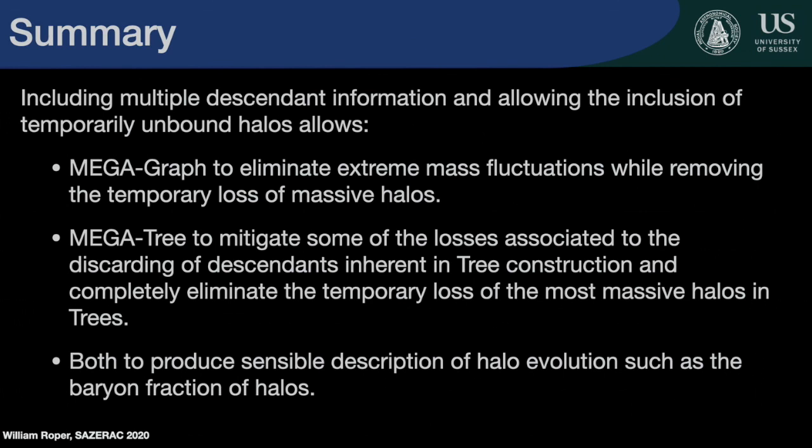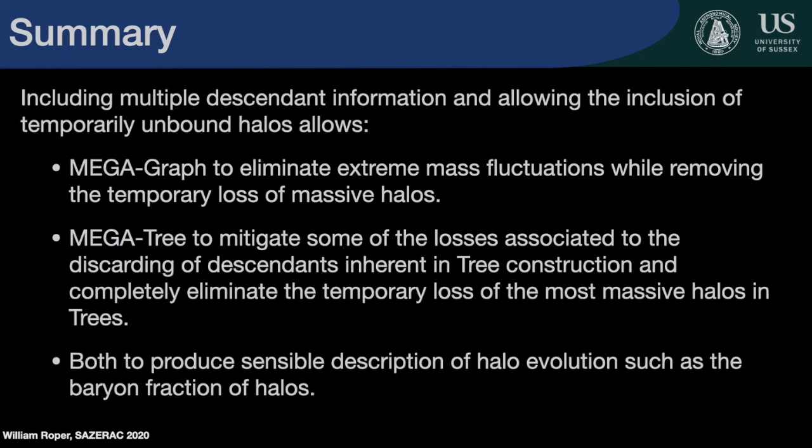So I just basically want to say that Mega in itself is a powerful algorithm, both on the halo finder side and the actual merger graph construction side and trees. But it's also just a statement to say that merger graphs provide a lot more information about the evolution of dark matter halos, and thus they solve a lot of problems that you can get from the nature of constructing a tree.